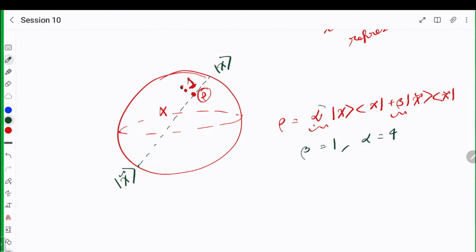But you see, alpha plus beta has to be 1 because what are these? Alpha is the probability that the ensemble is in chi, and beta is the probability that it is in chi bar, right? So the alpha and beta are probabilities, so they should add up to 1. So having said that, what should be the value of alpha and beta?